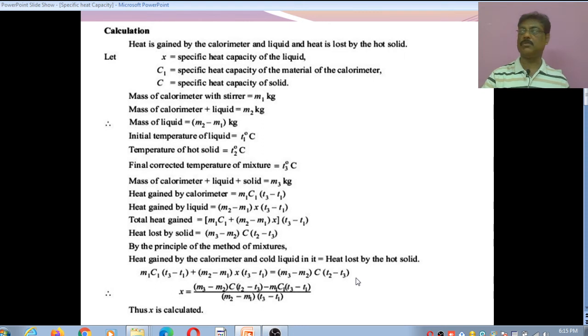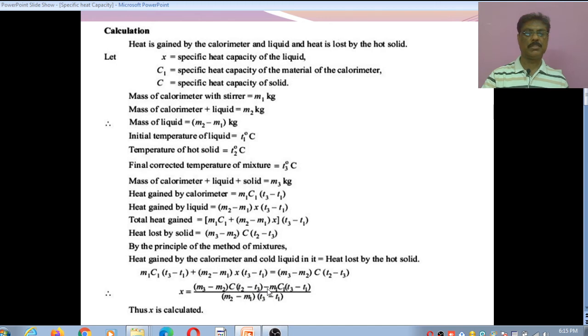So we compare these two equations. Now our aim is to find the specific heat capacity of the given liquid, which is taken as x. So x is equal to, taking the other terms to the right side: (m3 minus m2) C into (T2 minus T3).